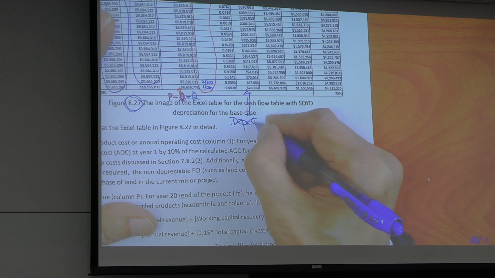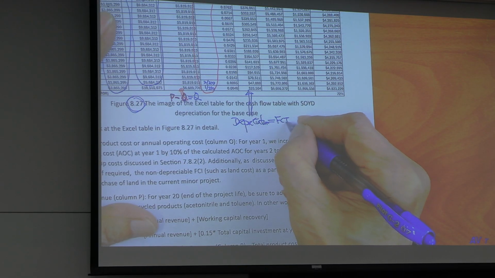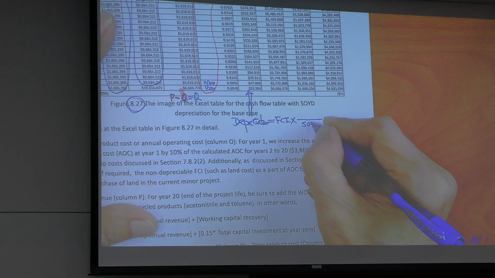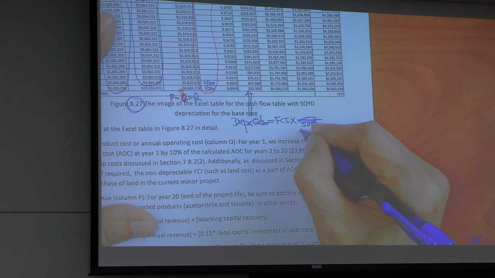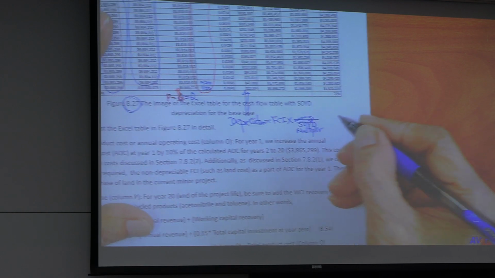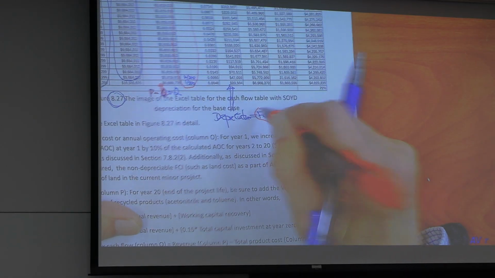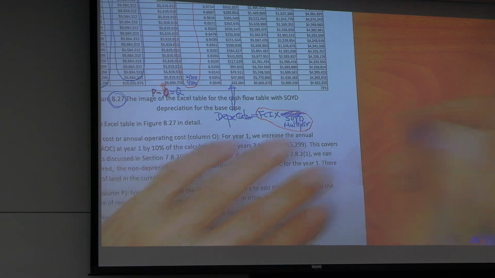Depreciation equals FCI times the SOYD multiplier.